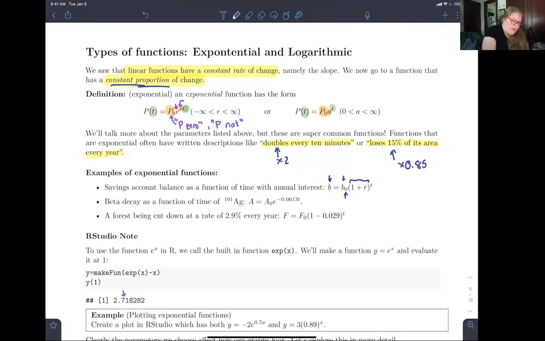Here I again have my dependent variable with an independent variable. I used E, have some kind of growth parameter, and T is my variable again. And a forest being cut down at a rate of 2.9% every year. Similar, we have some kind of multiplicative factor, an initial amount, and our variable. So we'll see those hallmarks a lot during our time with exponential functions.